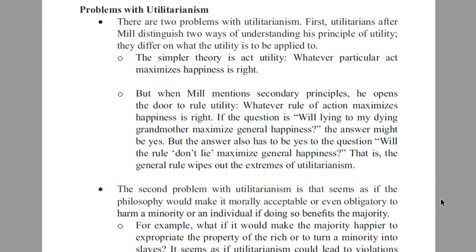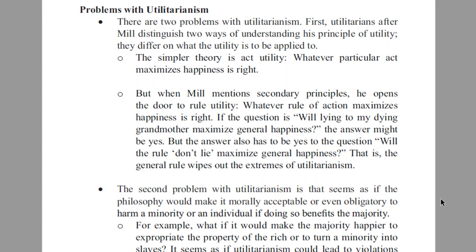But when Mill mentions secondary principles, he opens the door to rule utility: whatever rule of action maximizes happiness is right. If the question is, will lying to my dying grandmother maximize general happiness? The answer might be yes. But the answer also has to be yes to the question, will the rule don't lie maximize general happiness? That is, the general rule wipes out the extremes of utilitarianism.